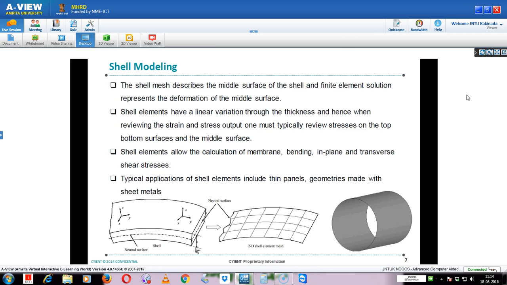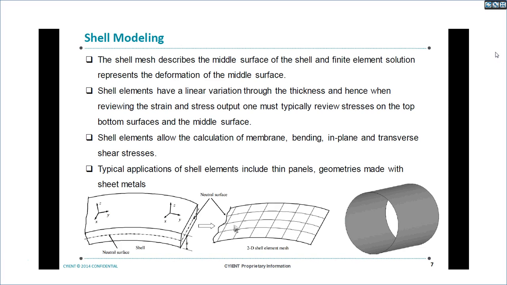So even though we have meshed with shell elements in the mid surface, the finite element solution will give results for the middle surface, top surface, and bottom surface. Basically, the stresses and deflections will vary across the thickness. Shell elements allow us to calculate membrane, bending, and in-plane transverse shear stresses.